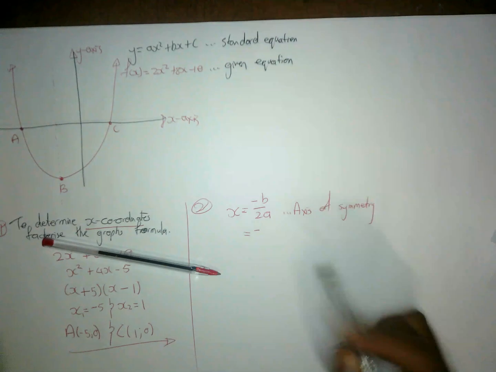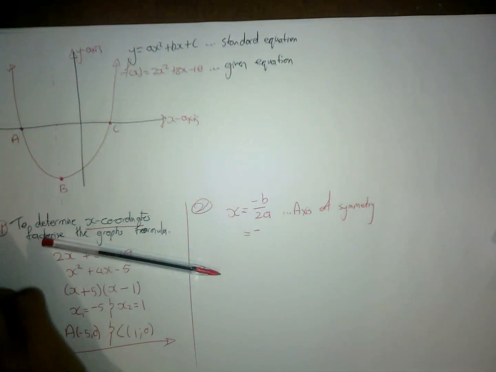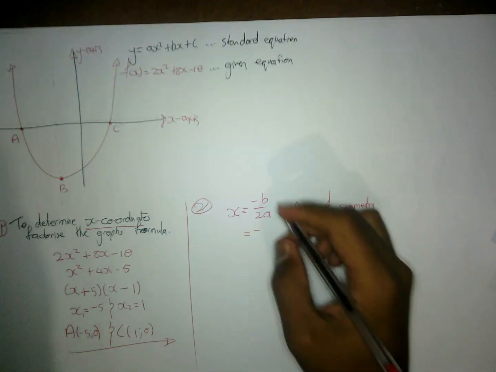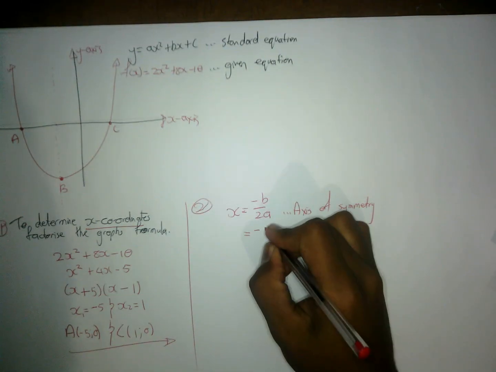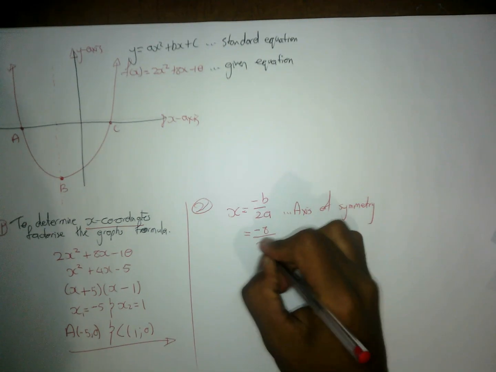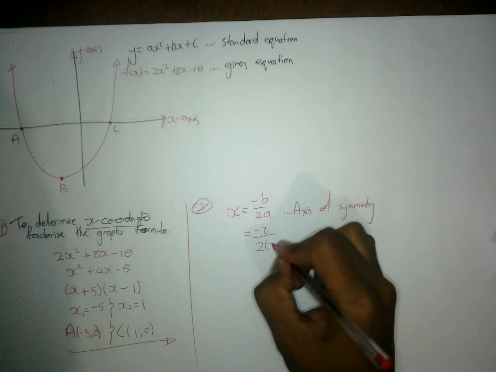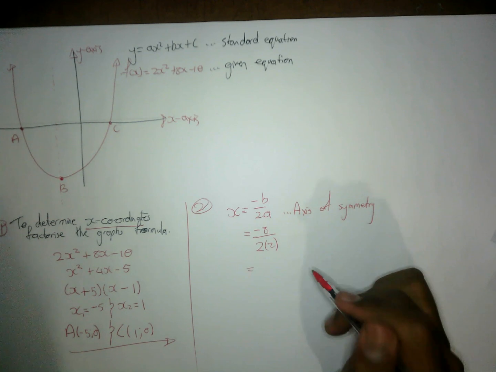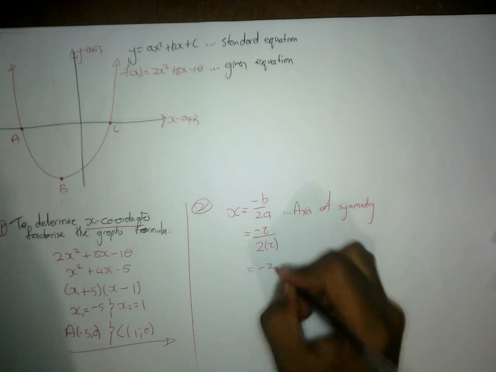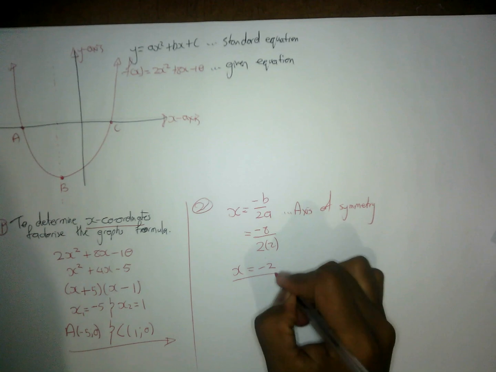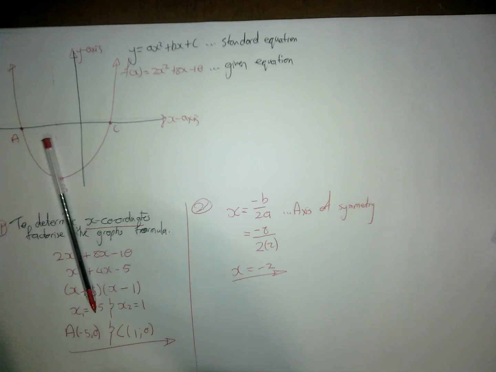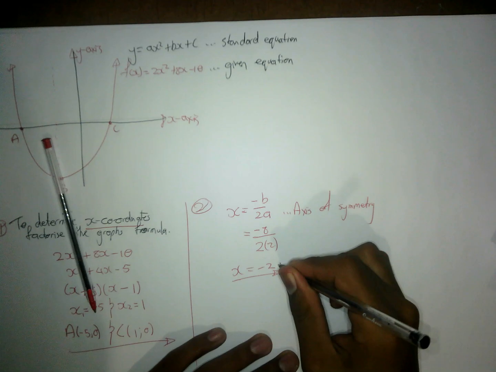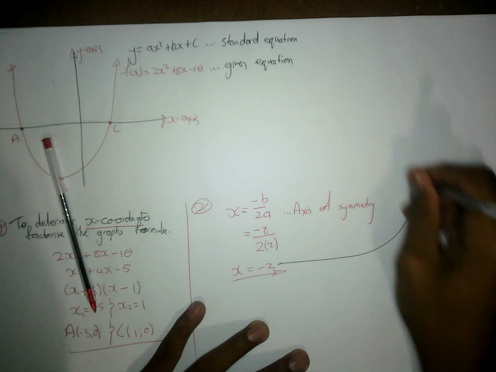So we get our values from our given equation, and our b value is 8, the positive 8, so no brackets. Our a value is 2, so it's negative 8 over 4, which is negative 2. So our x is negative 2. Then we take this negative 2 and substitute it there.